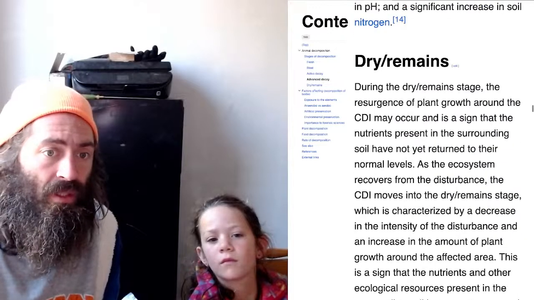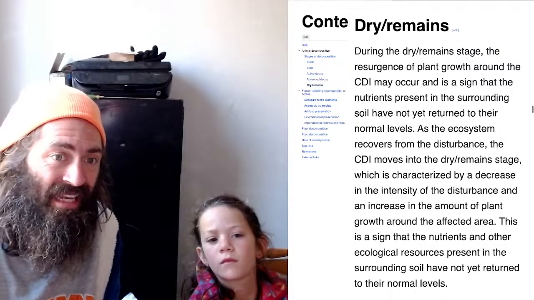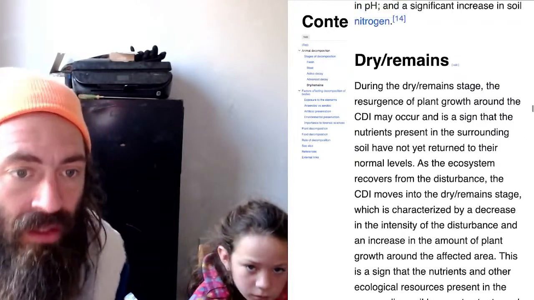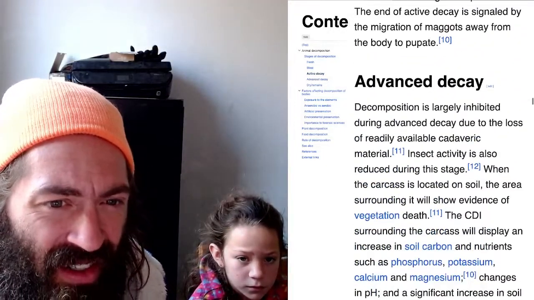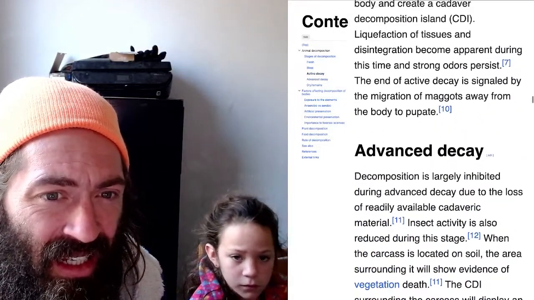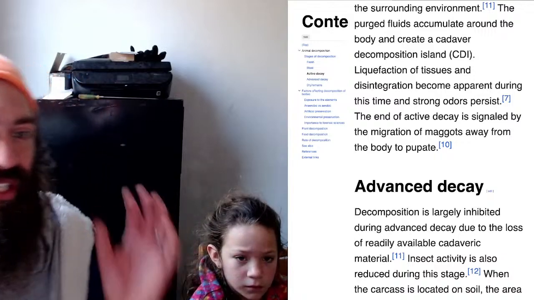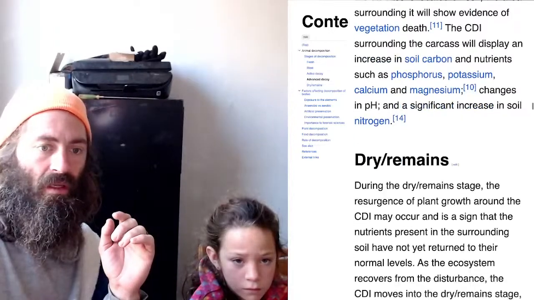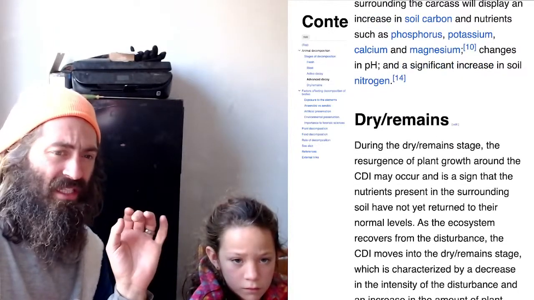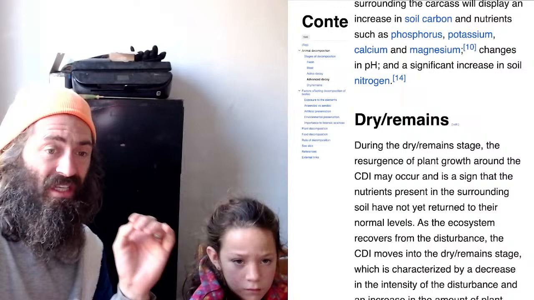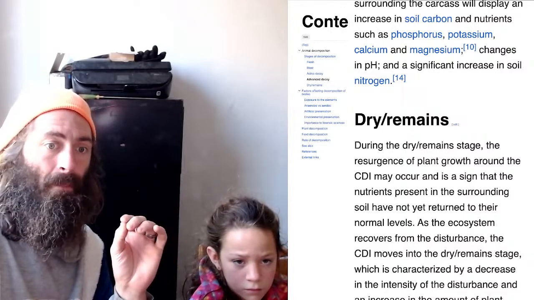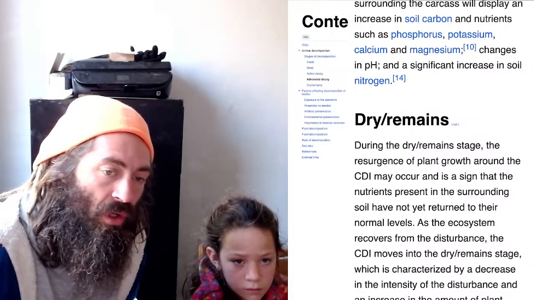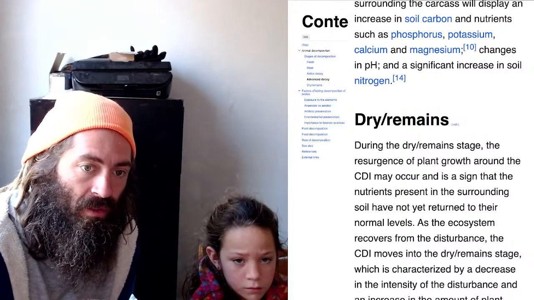Dry remains. During the dry remains stage, the resurgence of plant growth around the cadaver decomposition island, the CDI, may occur and is a sign that the nutrients present in the surrounding soil have not yet returned to their normal levels.